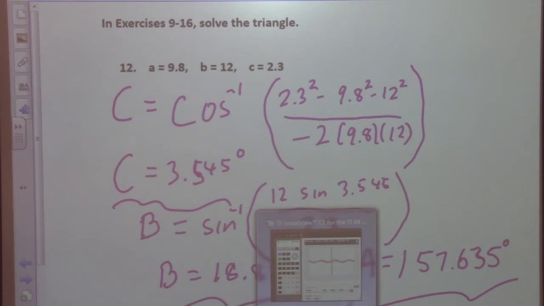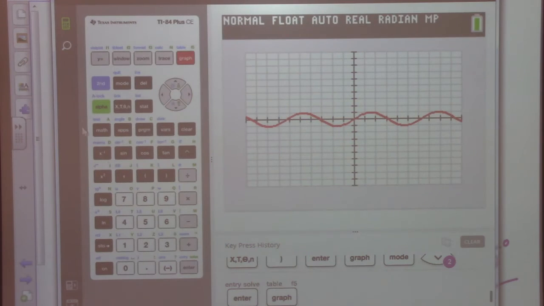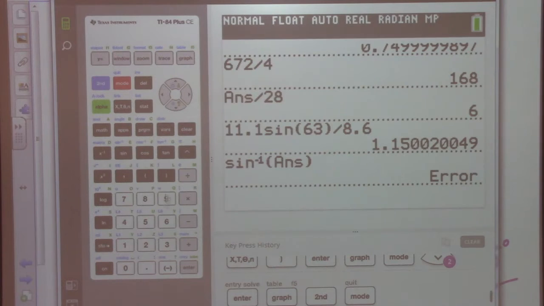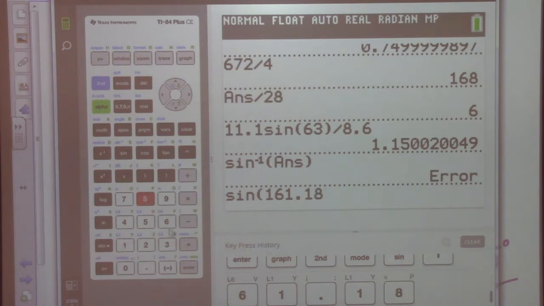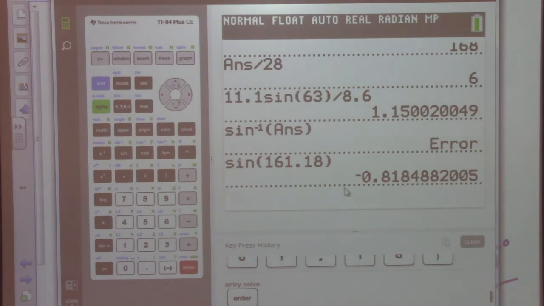The sine of 161.18 is going to be this, right? I'm in radians.